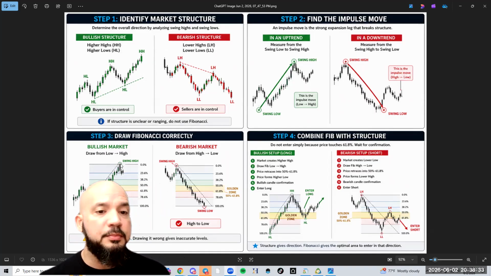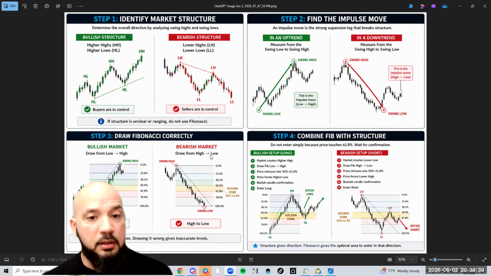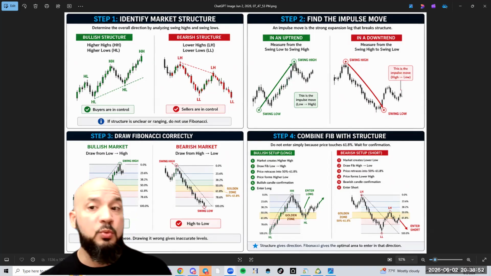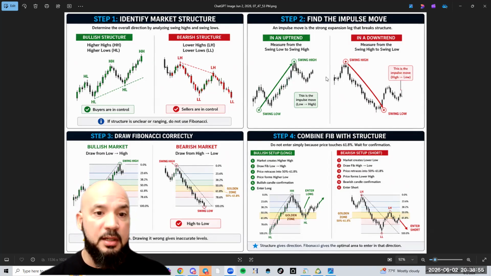Make sense, guys? Now, for the shorts, for the bearish market, you're going to draw from the high to the low. You're going to put point A on swing high and point B on swing low. High to low for shorts, low to high for longs.